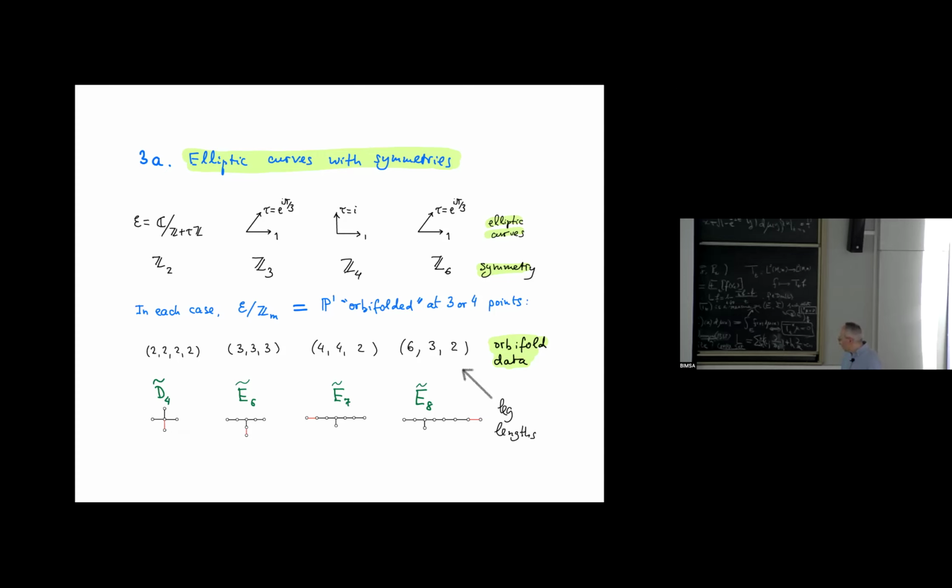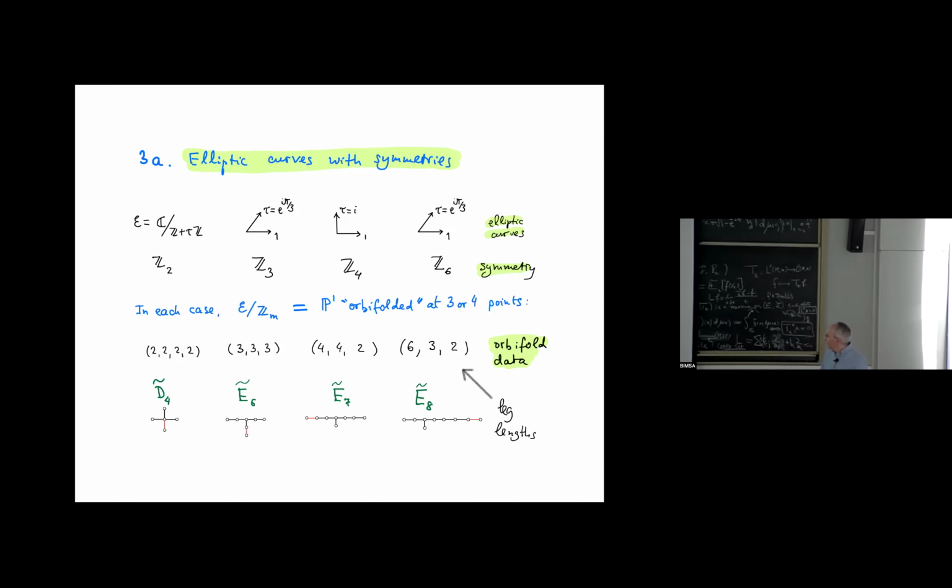So this means that you get P1, but it's more convenient to think of this as orbifolded P1, and our orbifold points will correspond to fixed points of this action of the roots of unity. Depending on the case, you can have either 4 fixed points or 3 fixed points. And the numbers which I put here are the local symmetry around each orbifold point.